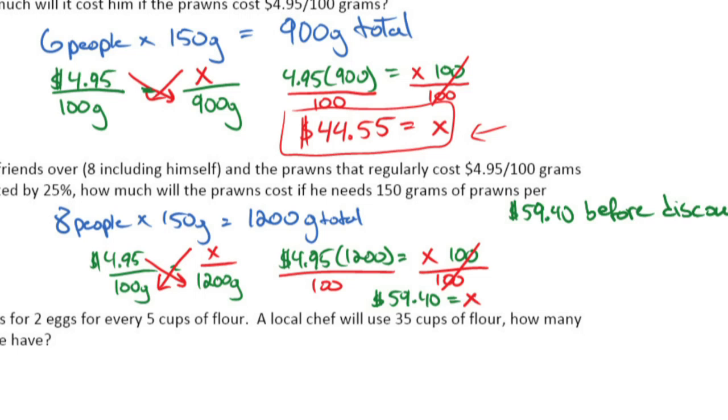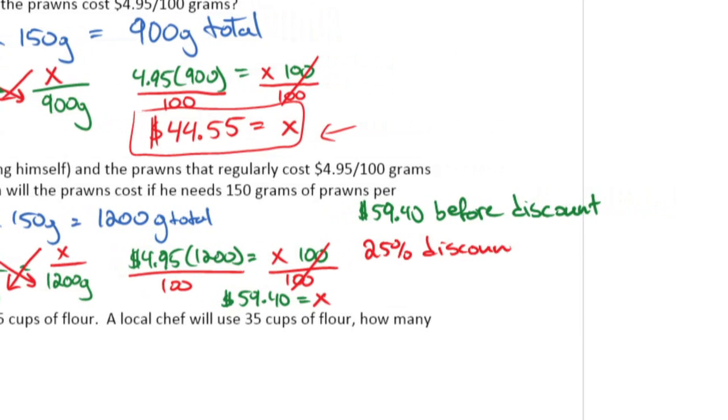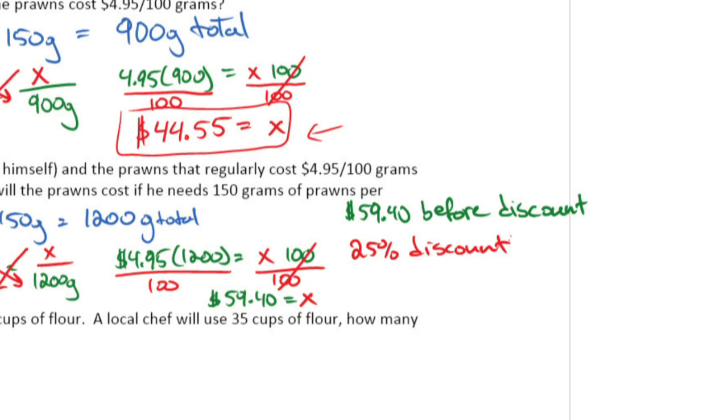So we need a 25% discount. That means we need to take 25% away. So we need to first figure out what 25% of $59.40 is.